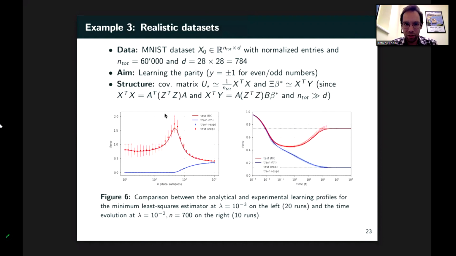Okay, and last but not least, because I described some sort of structured sample covariance matrix C before, you could actually try to use the same principle, but for realistic data sets. So here there is an example for the MNIST data set. You could actually estimate your covariance matrix using X transpose X, using the whole range of samples that is given in the MNIST data set. But you make your prediction on a smaller set.